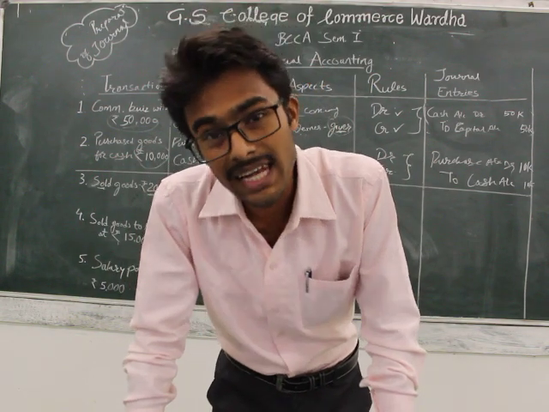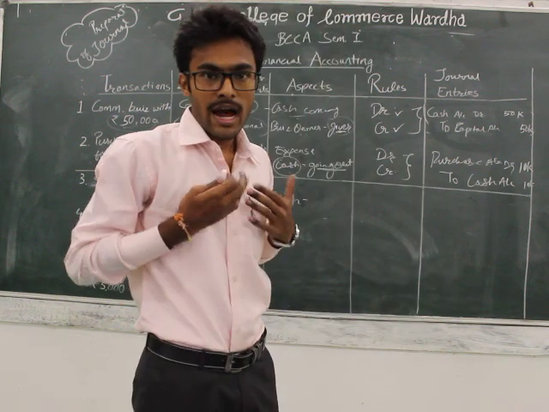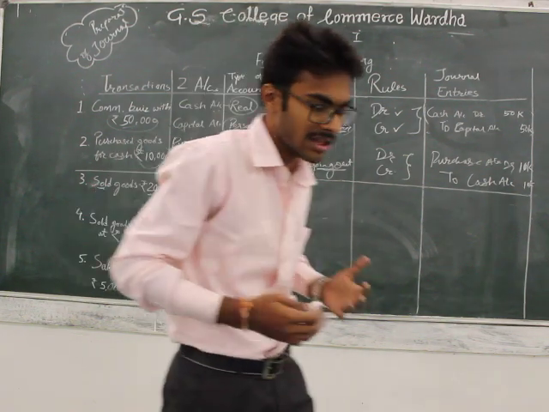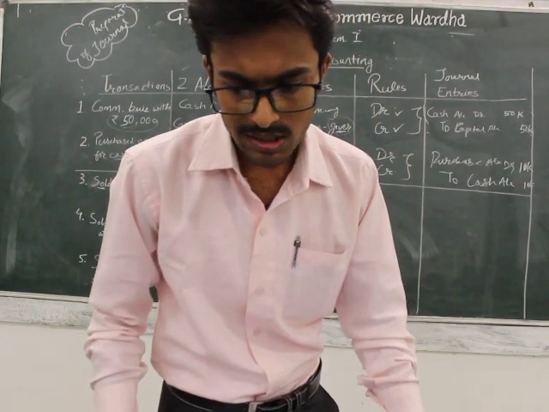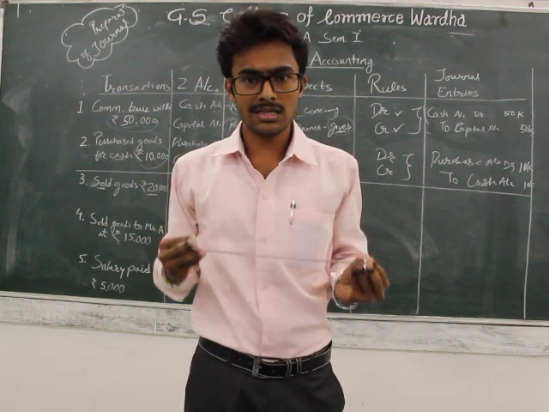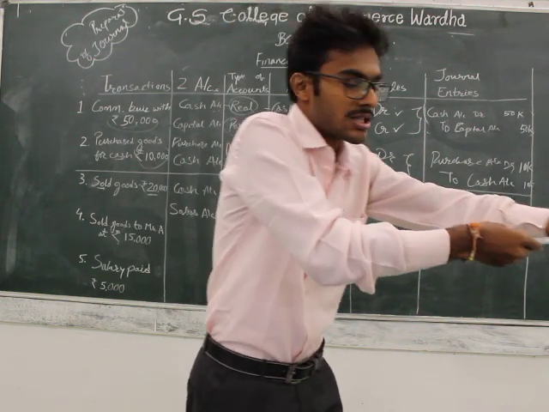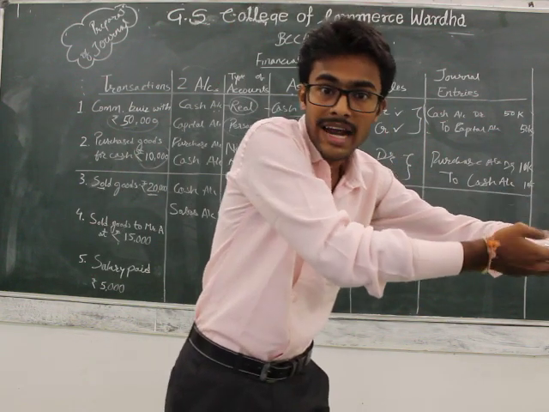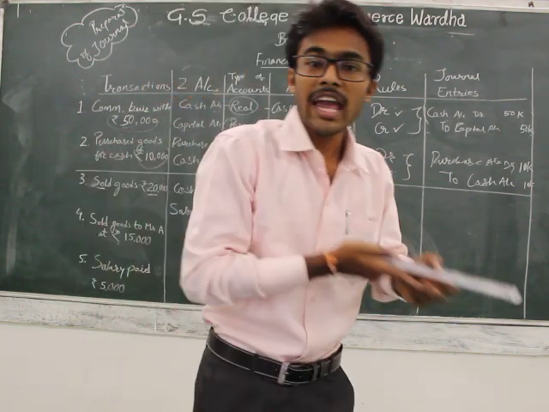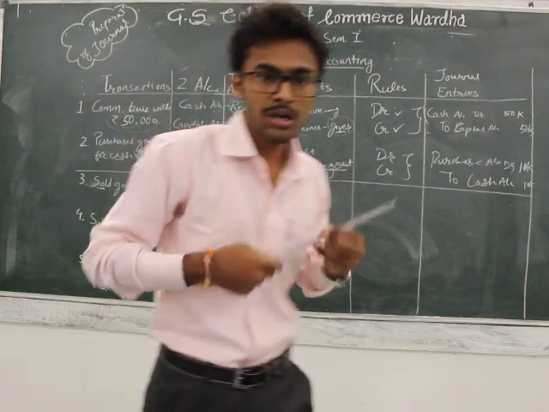When you sell goods, what do you do? Say I am the business owner and I want to sell things. Let's take an example: this is a scale, and I am selling this scale. That means I will be giving goods and getting back cash, so cash will come into the business.